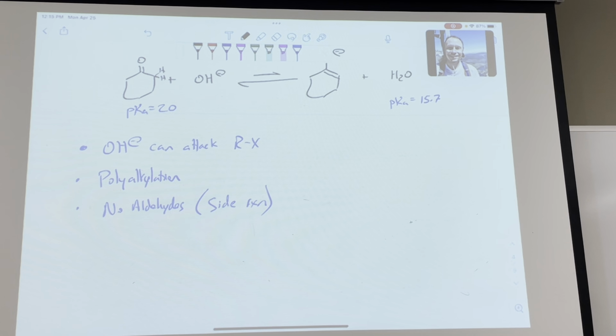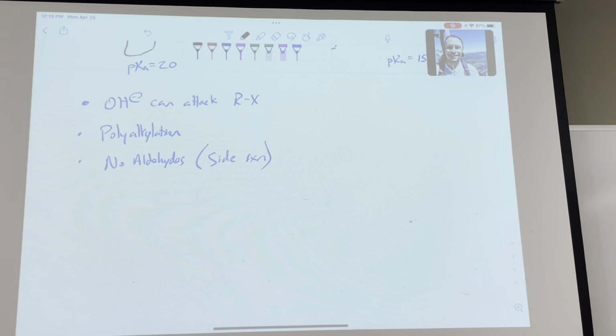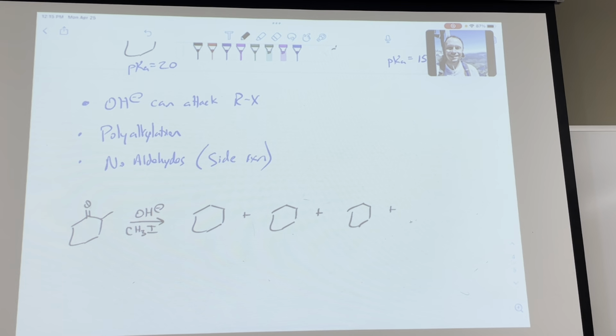And just to give you some actual data on this, if you were to try to do this reaction, you end up getting this mixture of products.